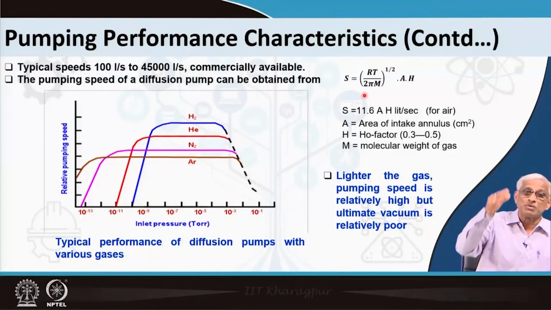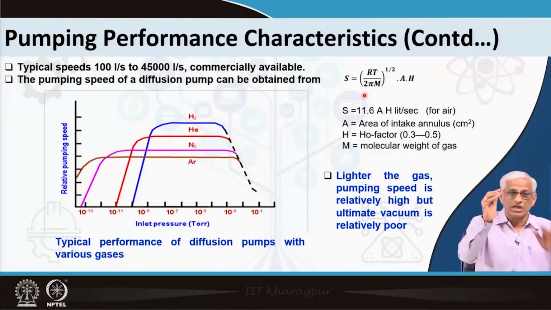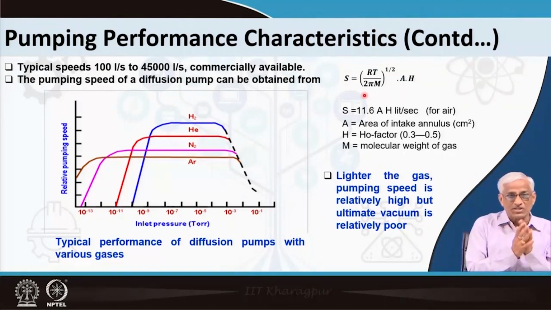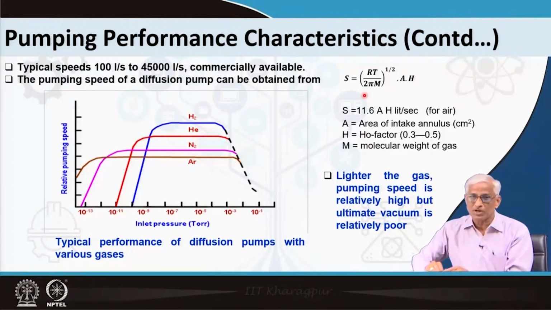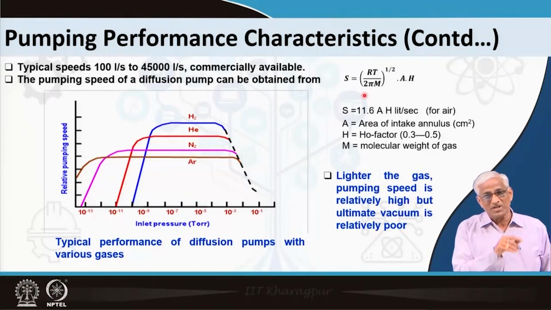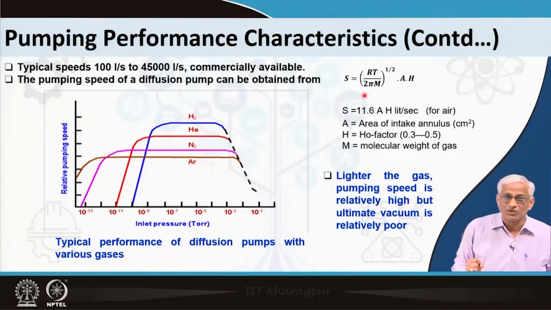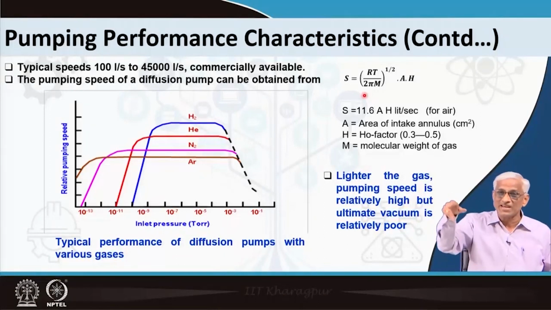Pumping speed constant means at 10 power minus 3 torr, if 1 lakh molecules come, all 1 lakh molecules are removed, and if 1 lakh molecules are there per unit volume, then 1 unit volume has been removed. At 10 power minus 6 torr, only 1000 molecules are there per unit volume, and all 1000 molecules are removed. So at 10 power minus 6 torr you remove 1000 molecules, at 10 power minus 3 torr you remove 10 lakh molecules, and both are the same with respect to pumping speed.